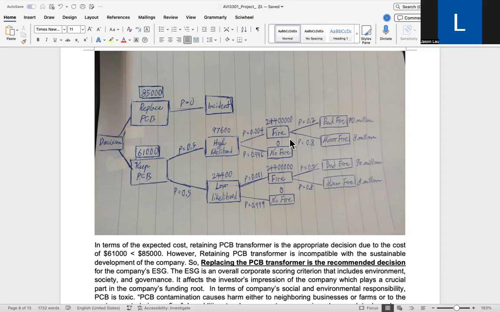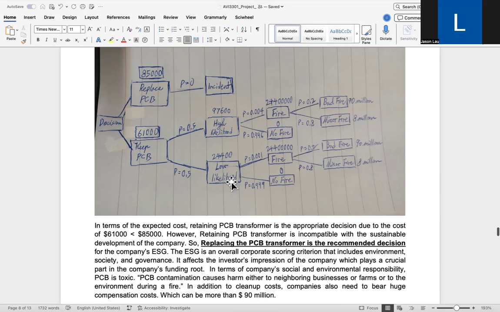And on the high likelihood branch, the probability of fire is 0.004 and no fire is 0.996.